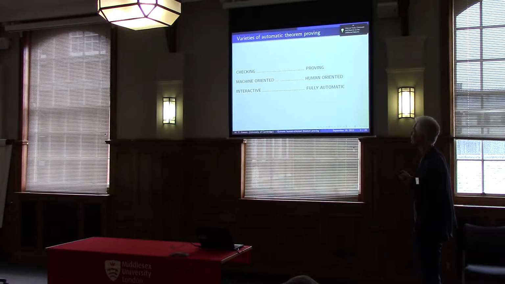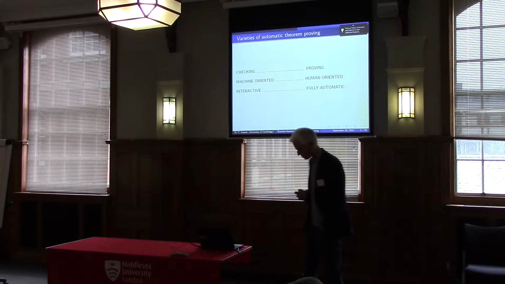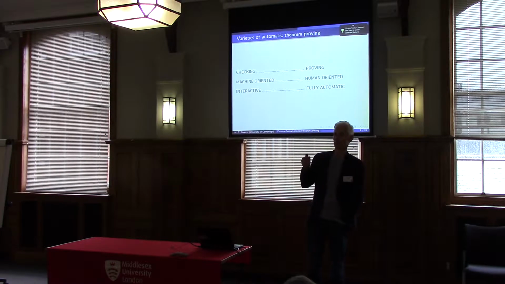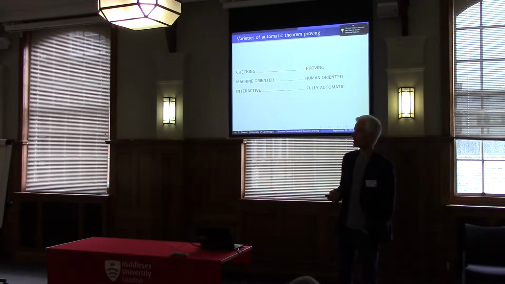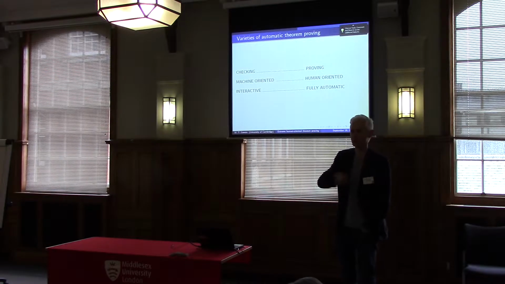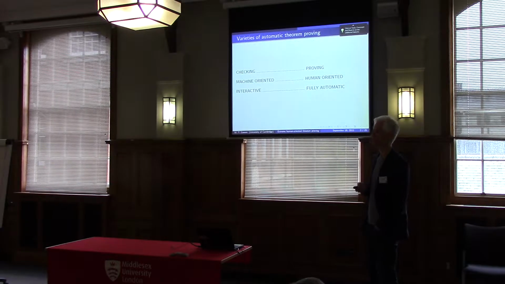Another spectrum is between machine-oriented on the one hand and human-oriented on the other. I'm not trying to say anything new, I'm sure everybody knows this. Machine-oriented would be the rough idea of exploiting what computers have that we don't have, like the ability to make lots and lots of calculations very fast and have a huge memory, in order to do better than humans.